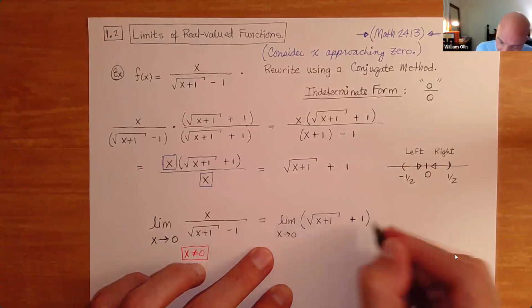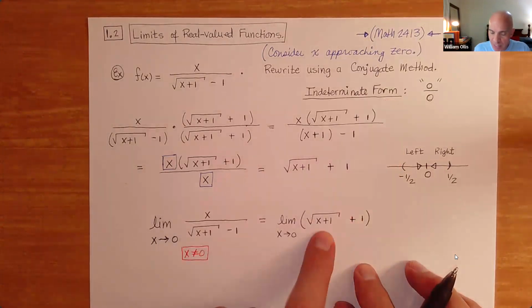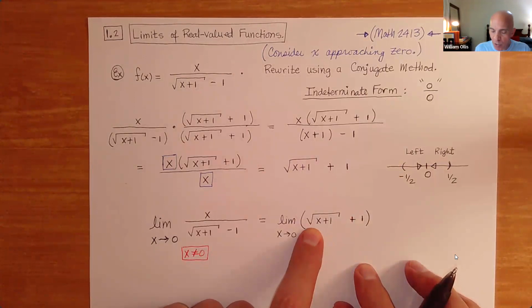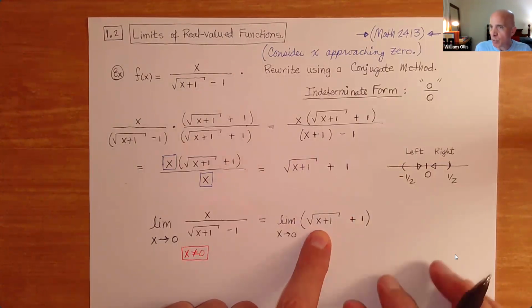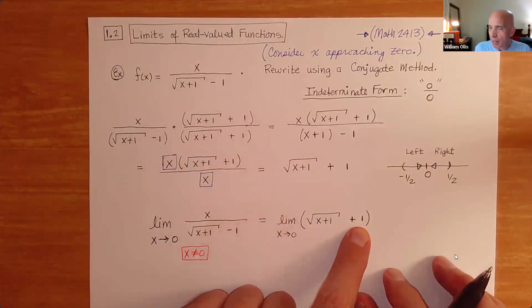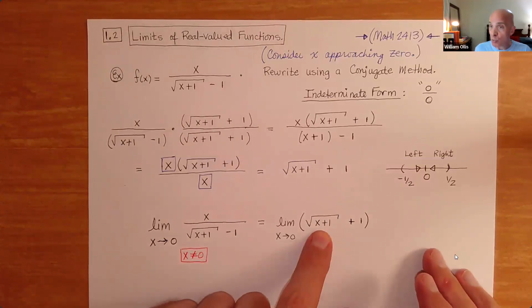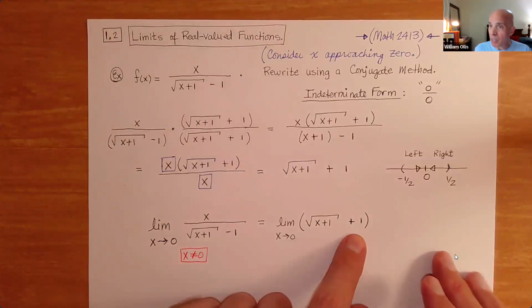Now, intuitively, we don't get this indeterminate form here. For instance, if x is approaching 0, then we could think of the square root of x plus 1 as basically the square root of 1, close to it, and then add 1 to that. So we're thinking, okay, if I just replace x with 0, I just get the square root of 1 here, and I add 1 to it, and I get 2.